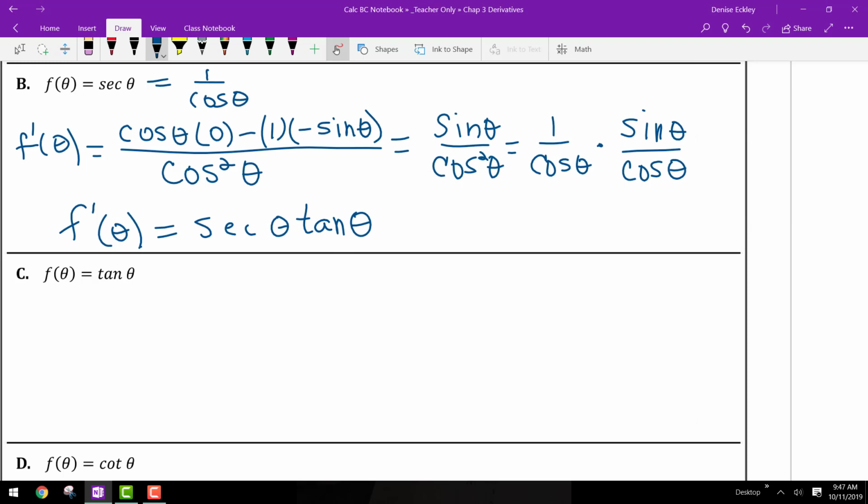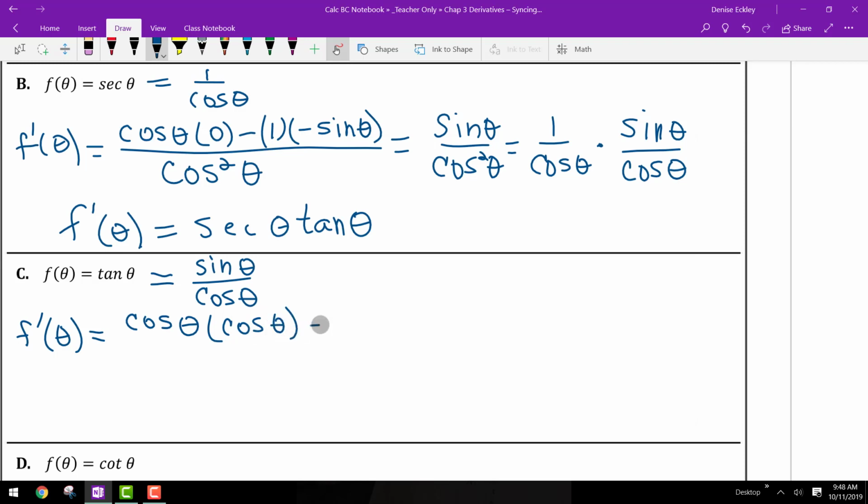Okay, next one is going to be tangent, which we can rewrite as sine theta over cosine theta. So the derivative of f of theta is going to be the denominator times the derivative of the numerator, so that'll be cosine theta, minus the numerator times the derivative of the denominator, which is minus sine theta.